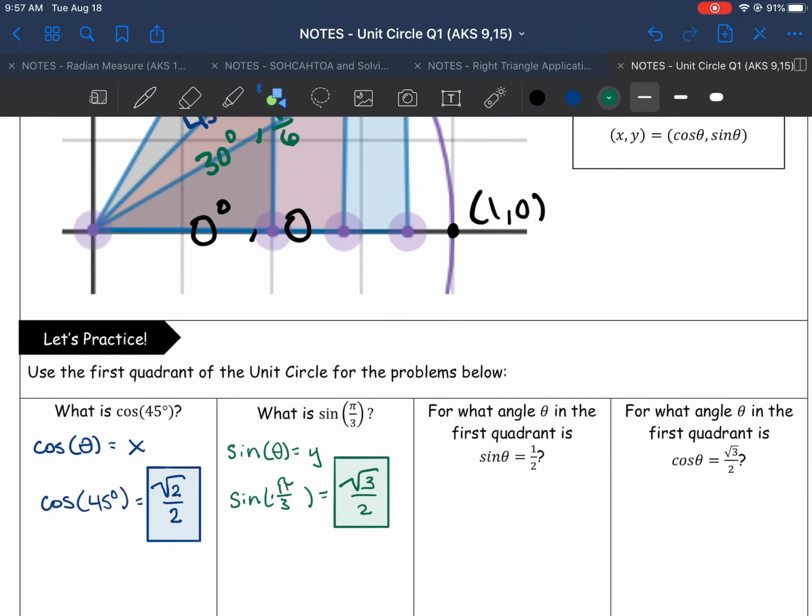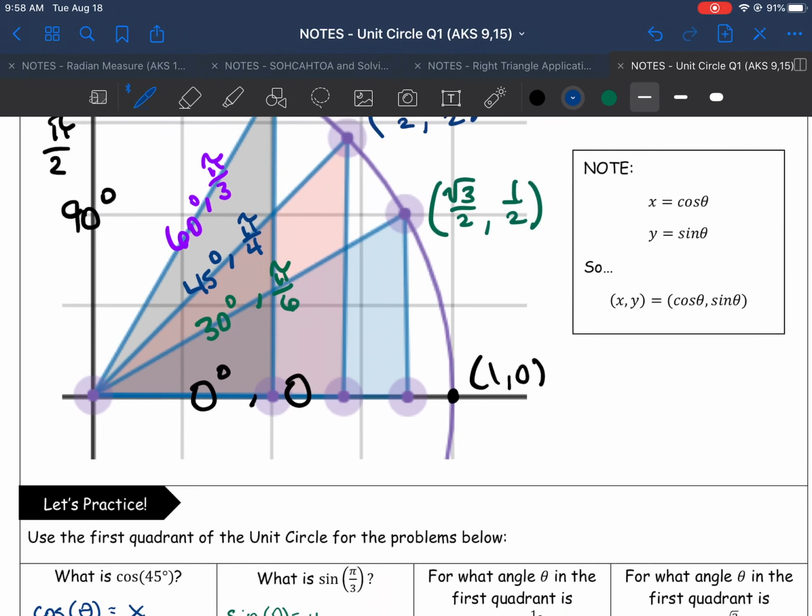All right, in our third practice problem, we want to know for what angle theta in the first quadrant is the sine of theta equal to 1/2. So what this is really asking us, I'm going to rewrite the problem, is which angle theta has a y coordinate of 1/2.